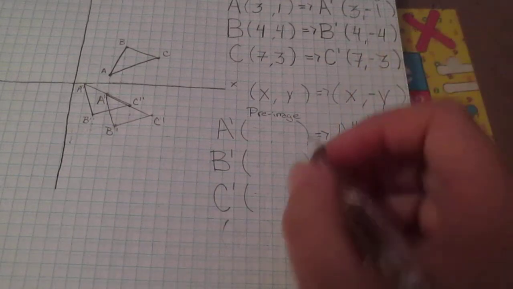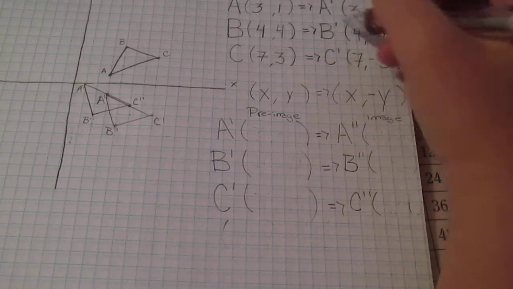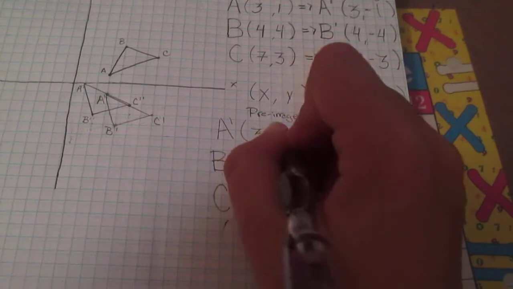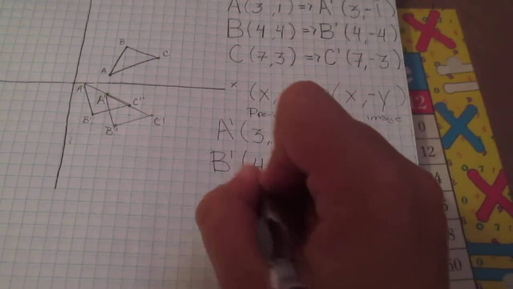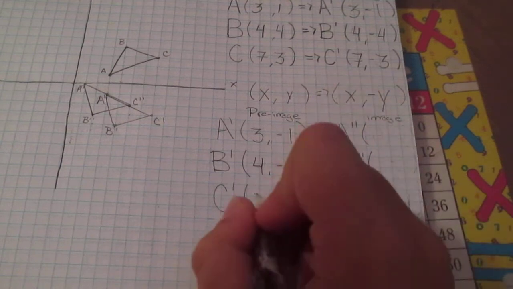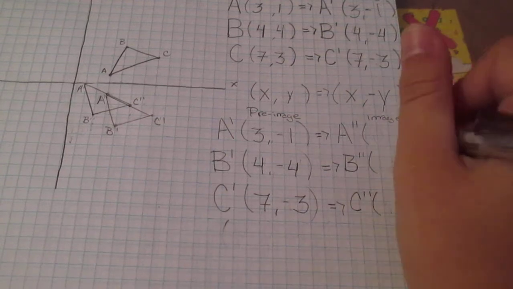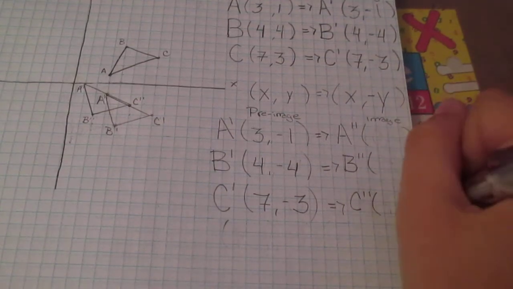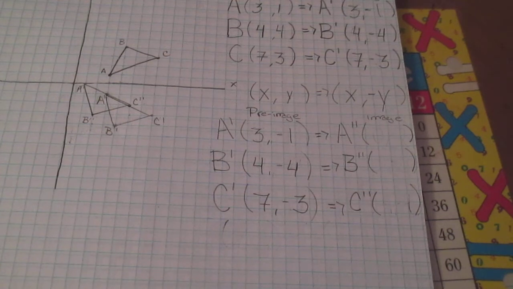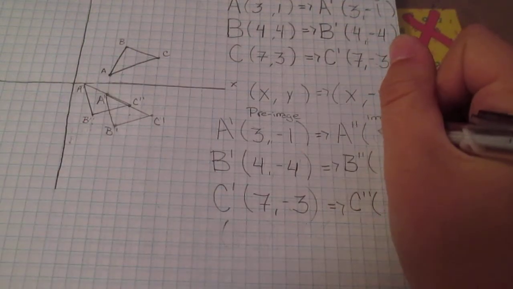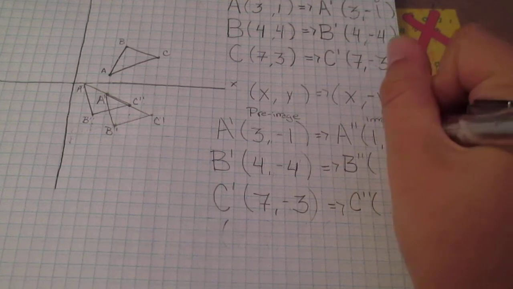Now my coordinates are going to come from my last transformation. So A prime is 3, -1, B prime is 4, -4, C prime is 7, -3. Now my coordinates for my new image of my second transformation are going to be A prime prime is going to be 1, 0.